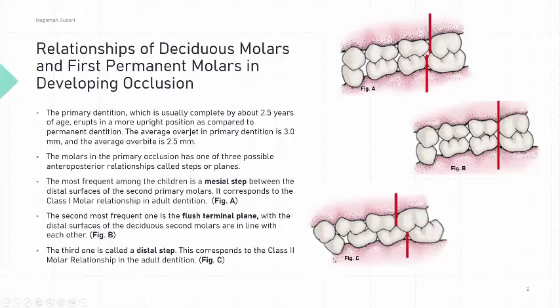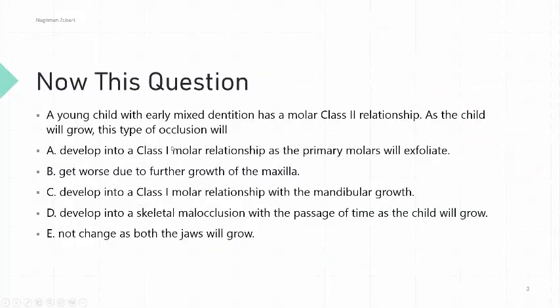Then comes the distal step, which corresponds to the class 2 molar relationship of adult dentition, the disto-occlusion type of pattern. So these are the upper and lower deciduous molars, and over here we can see the first permanent molars.